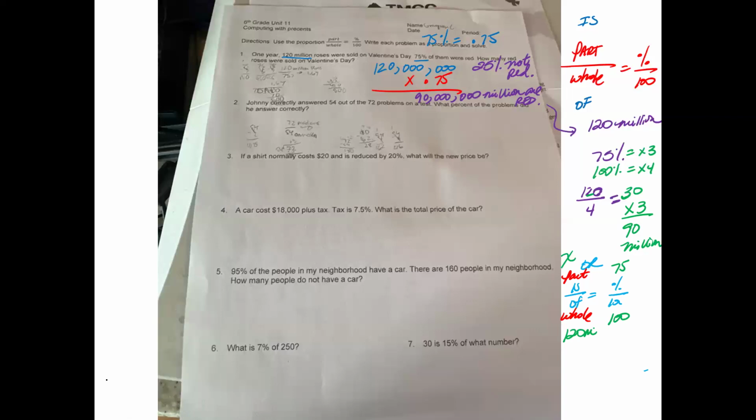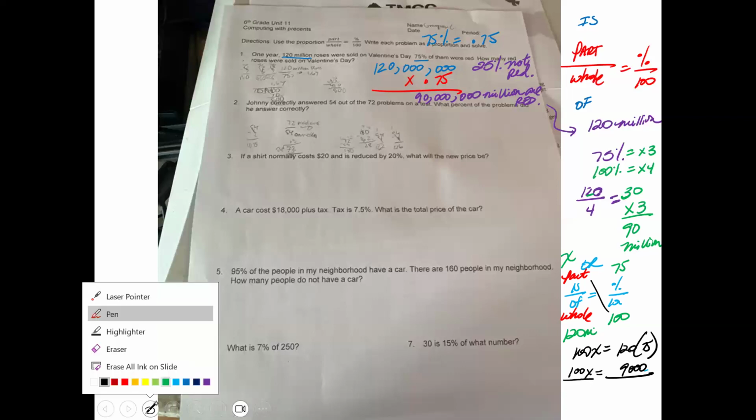So then let's go ahead and cross multiply this. 100x equals 120 times 75. What's 120 times 75? Grab your calculator. We'll finish this today. 9,000. 9,000 equals 100x. Do you see that? How do you get rid of 100?